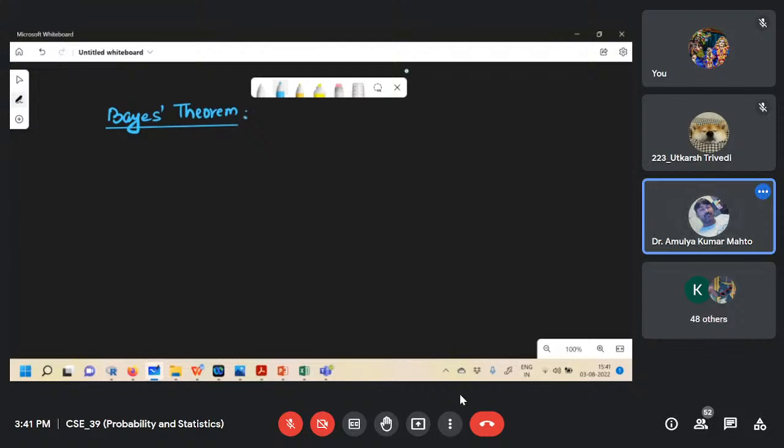What is the basic idea why this is so much used? This is used because of its ability to incorporate prior knowledge into the estimation process.